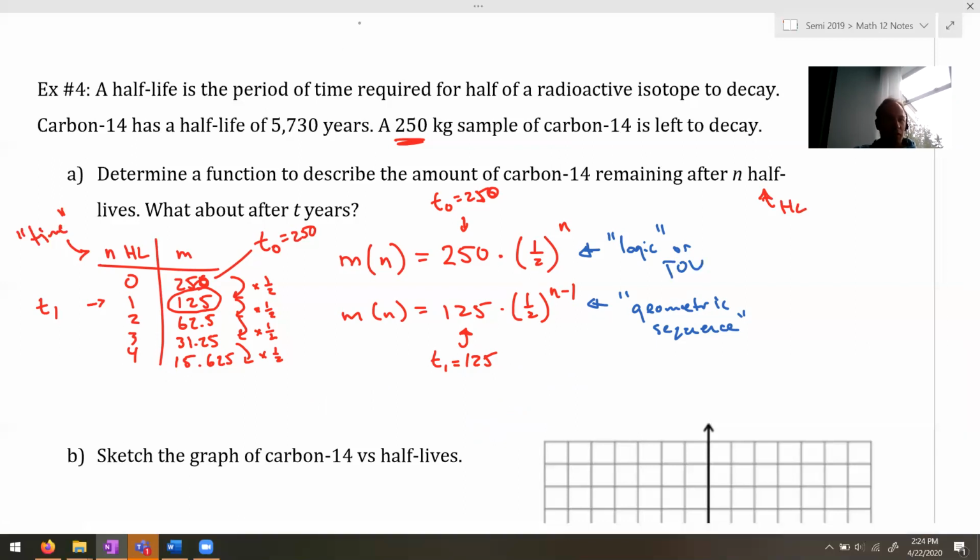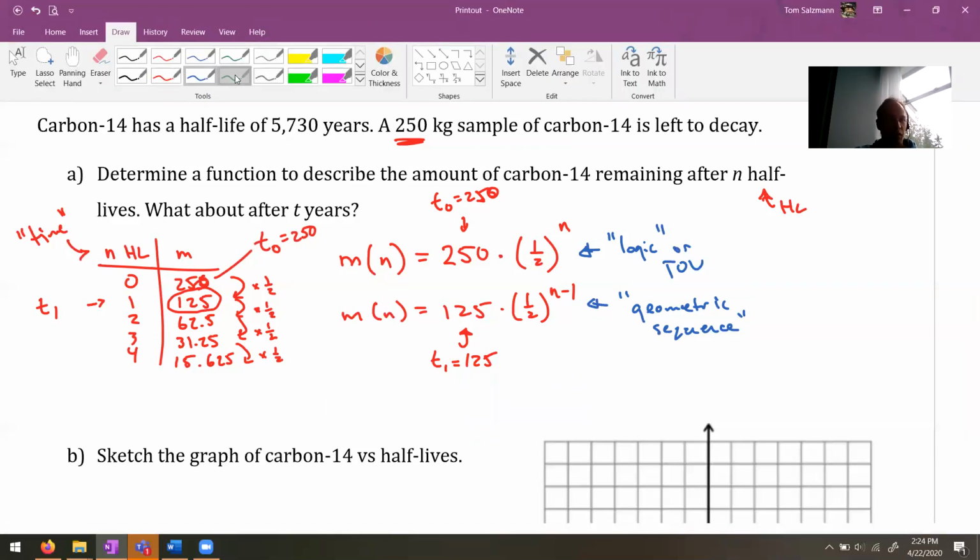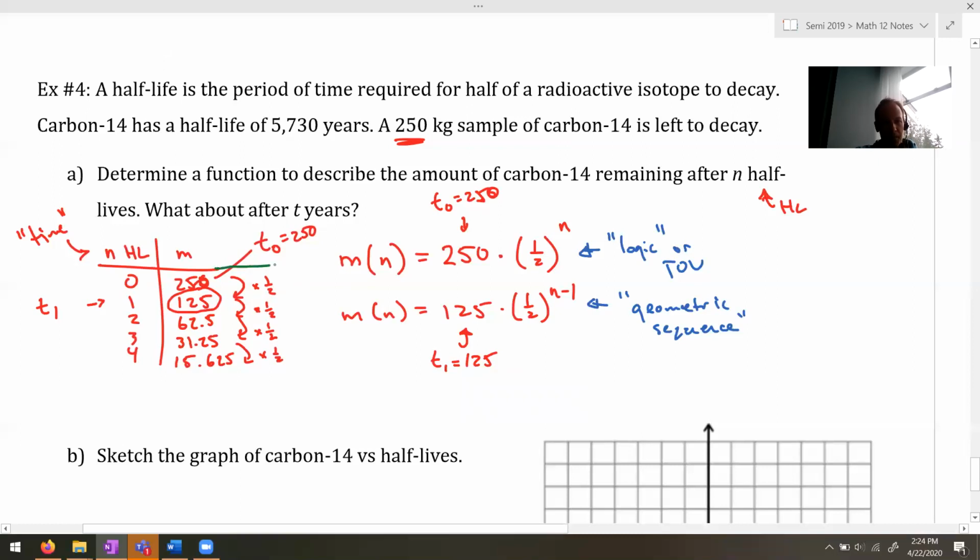All right, so now the only thing we have to do is think about, and I'm going to switch to a different color. Instead of saying n half-lives, what about after t years? So let's call this t. How many years have passed when 0 half-lives have passed? That's 0. After 1 half-life has passed, you have 5,730 years.